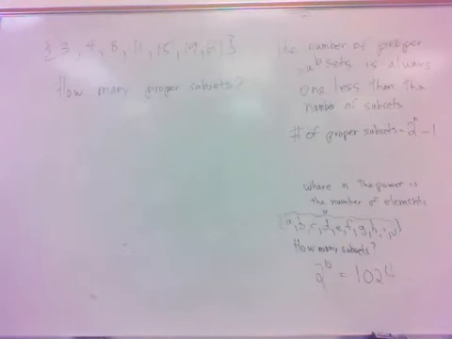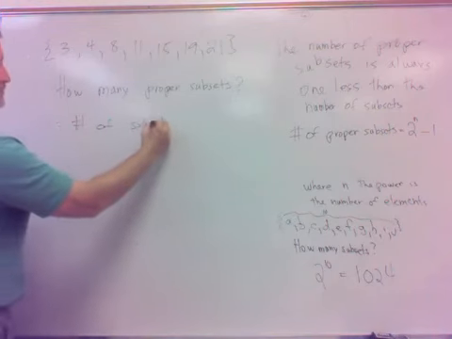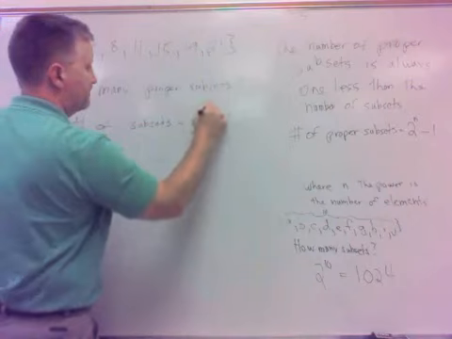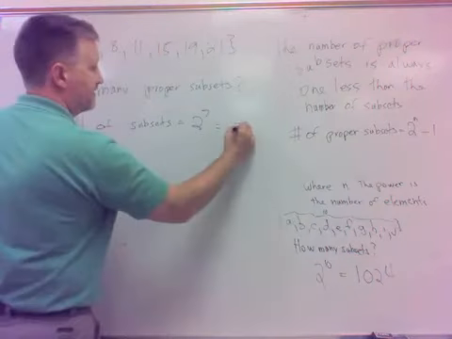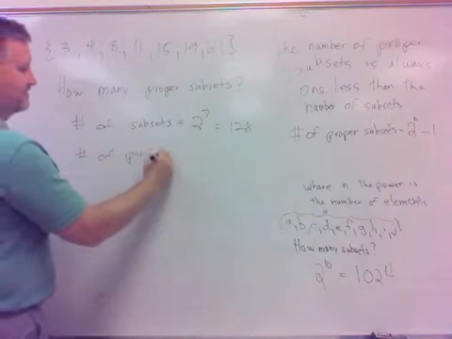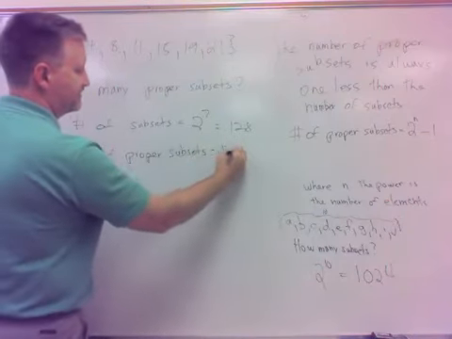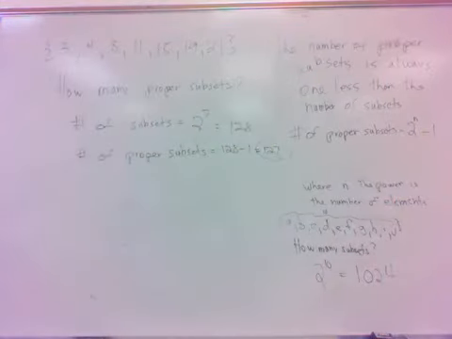Well, let's start with the number of subsets. The number of subsets would be 2 to what? Well, we got 1, 2, 3, 4, 5, 6, 7. So the number of subsets would be 2 to the 7th, which is 128. So how many proper subsets? Well, it would be 128 minus 1, wouldn't it? 127. Okay? Make sense?